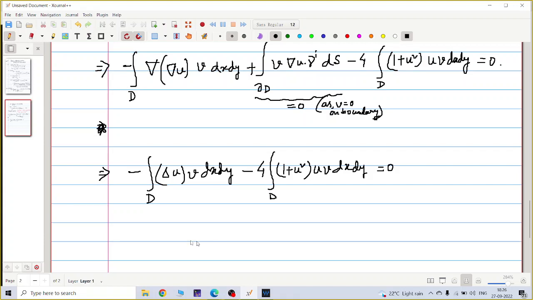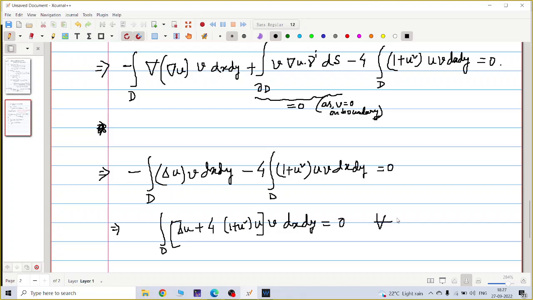Now I am taking minus common, so I write minus the integral over D of (Laplacian u plus 4 into (1 plus u square) into u) times v dx dy equal to 0 for all v.